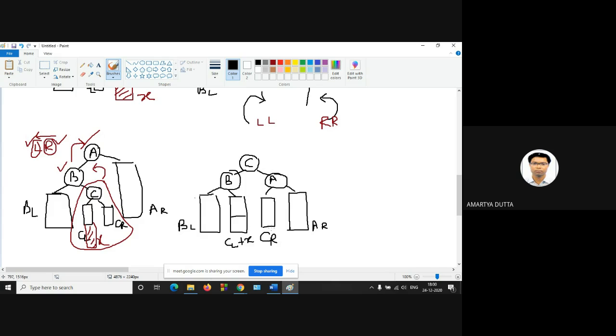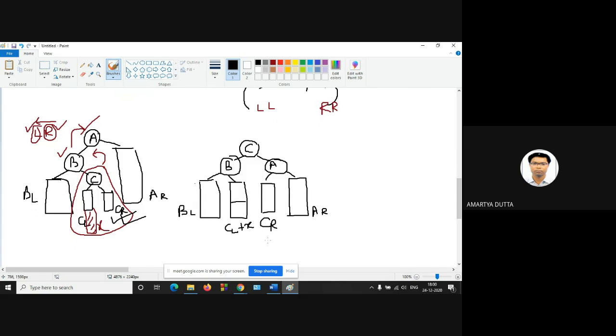Now, if you insert X at the CR position, then this will be CR plus X. So first, there will be an RR rotation. RR rotation is applied to C. Then again apply LL rotation to C so that we can get C as a root.